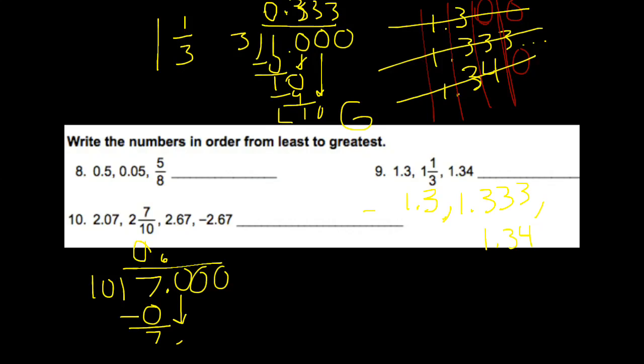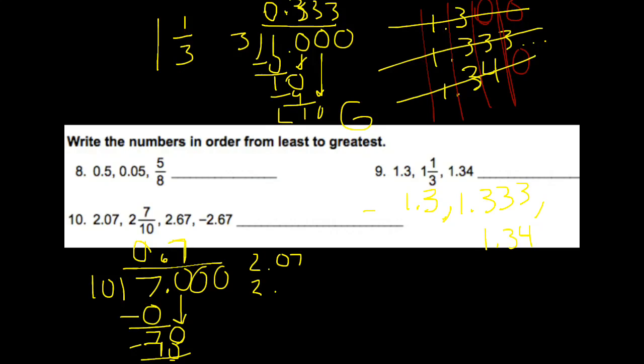Bring down the 0. 10 goes into 70 7 times. 10 times 7 is 70. 70 minus 70 is 0.